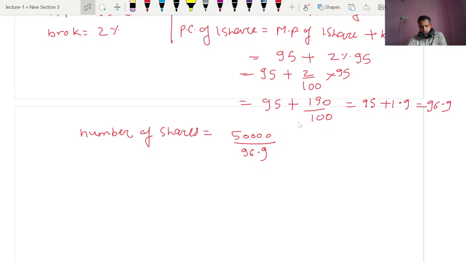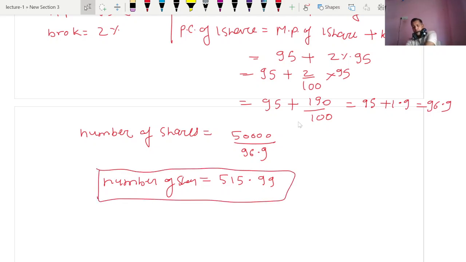So 50,000 divided by 96.9 is 515.99. Okay, so this is the number of shares.